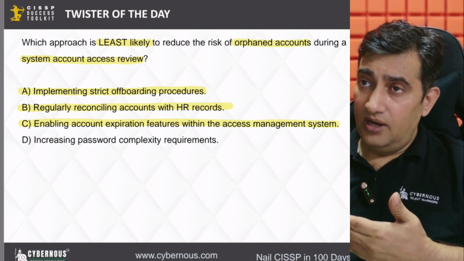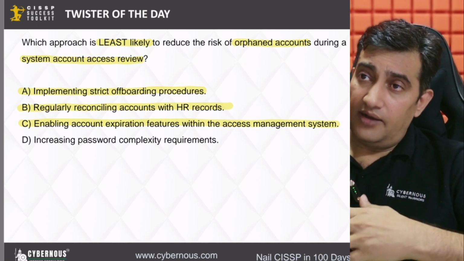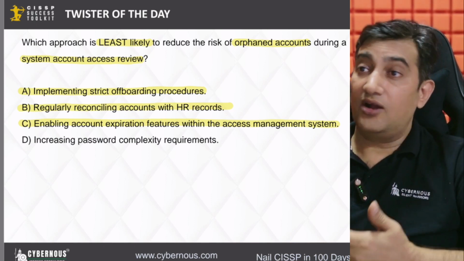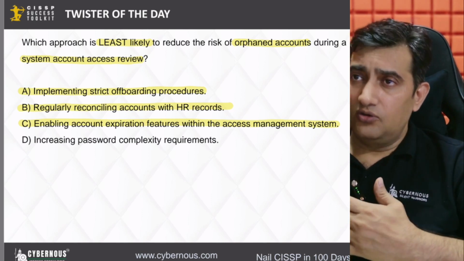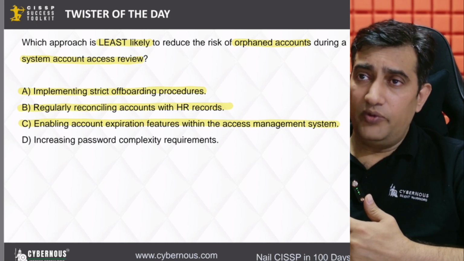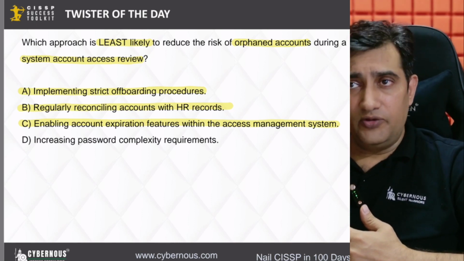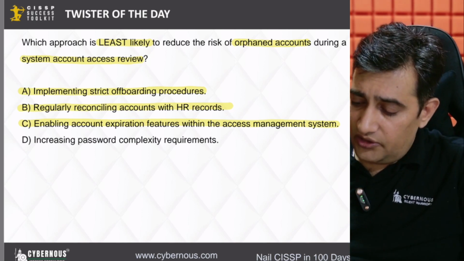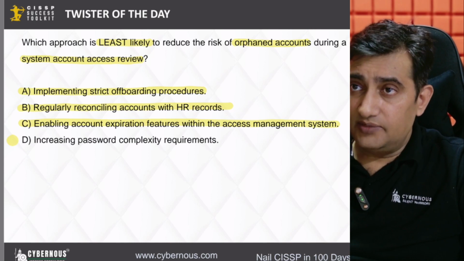For example, the development team wanted a test account, and after that they are no more using it, but the account still exists. Those are the kinds of challenges which normally happen in companies, and we can mitigate them by having the account review. So the right option is D in this case.